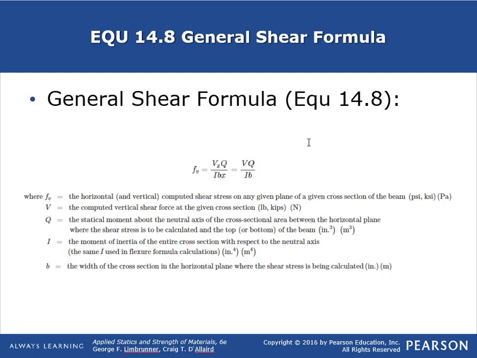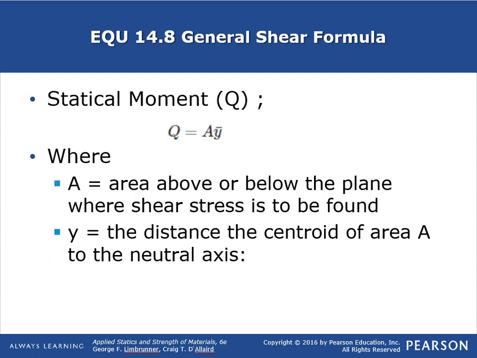Okay, so this equation is particular to the position at which you're calculating the shearing stress. Shearing stress will actually be at its greatest at the neutral axis and be at a minimum at the outer fibers. So let's talk about the statical moment.